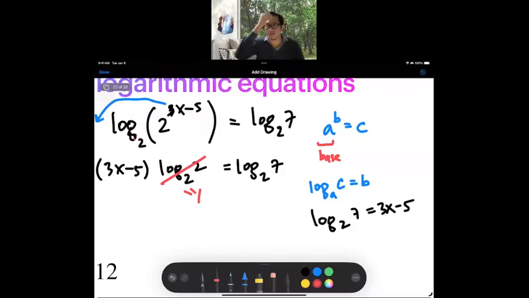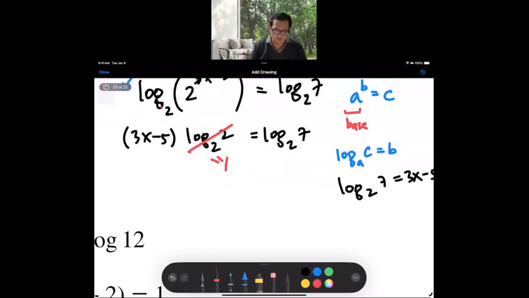You could take logs on the left and right side and then simplify, or use the basic definition of log from the exponent to log, and you get that same result. So you can just finish off by taking the 3x, and then 5 will be there.